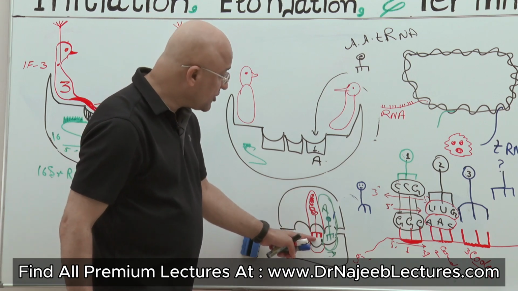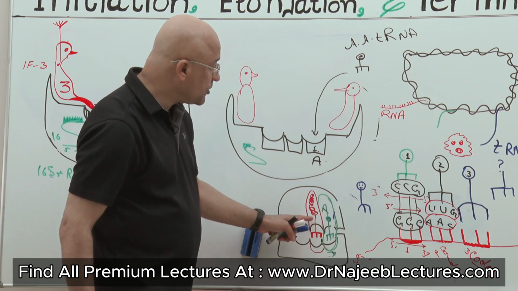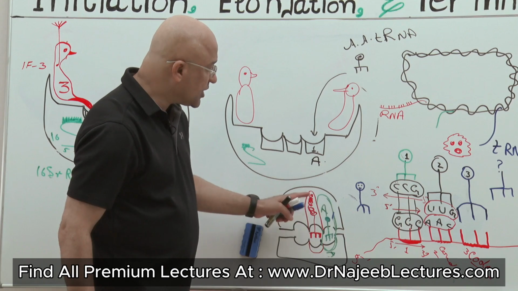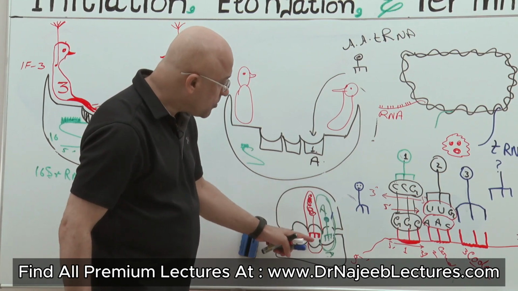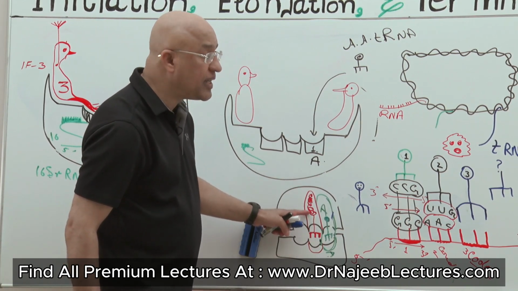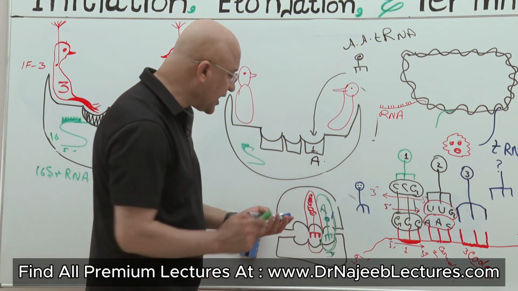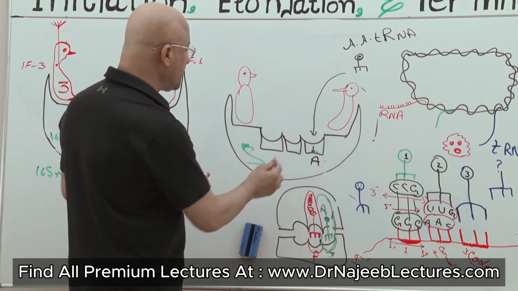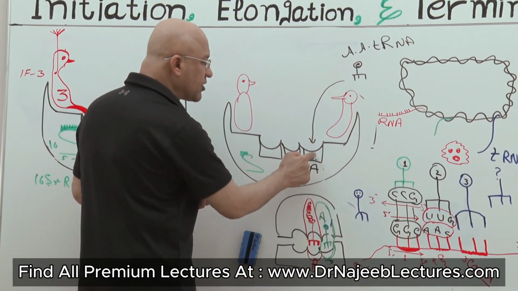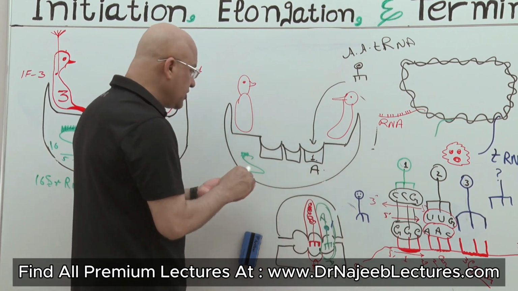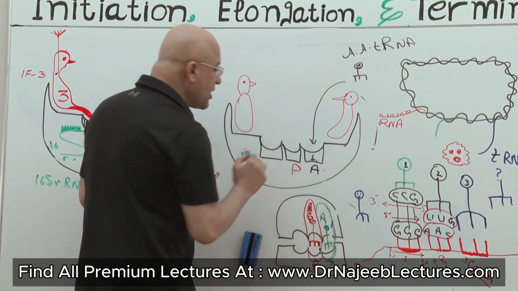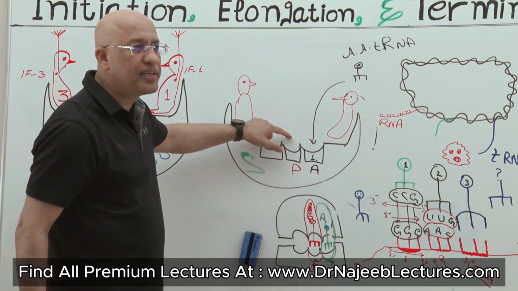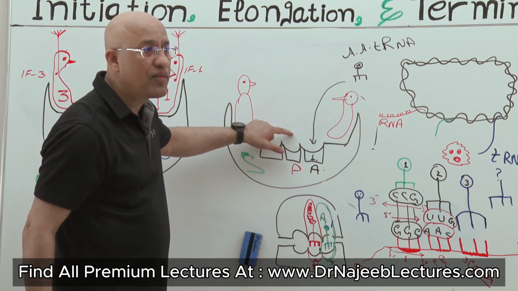Because this transfer RNA is carrying the newly formed peptide chain, it is called peptidyl transfer RNA, and this site is called the P site. If this was the A site for amino acyl transfer RNA arrival, this is the P site. Why do we call it the P site? Because here the peptidyl transfer RNA is binding.